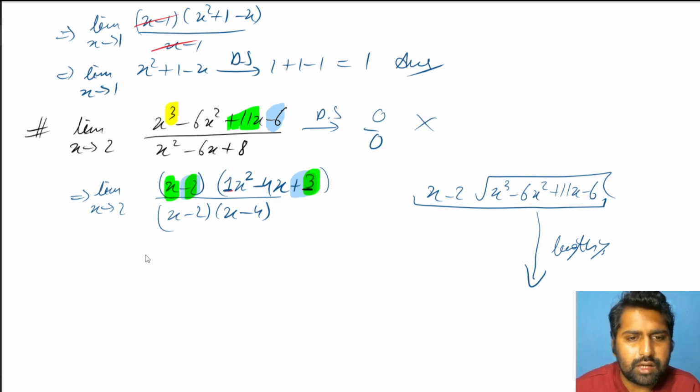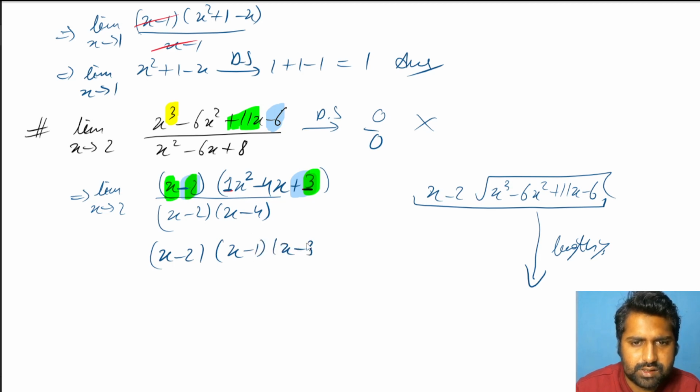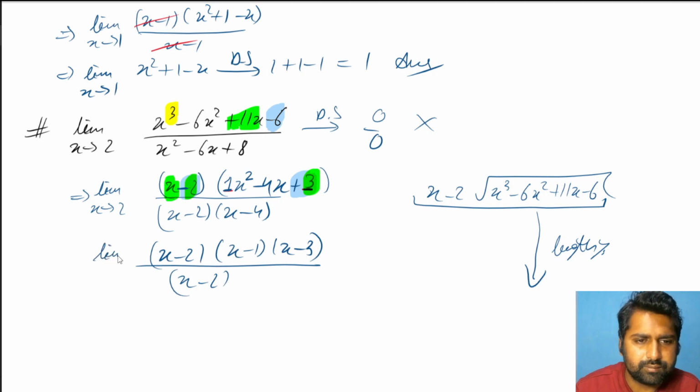Now that I have factorized this, let's factorize it further. This is again a quadratic, so I can factorize it: x square minus 4x, so (x minus 1)(x minus 3) upon (x minus 2), limit x tends to 2.